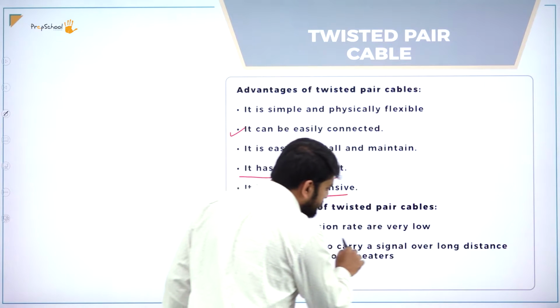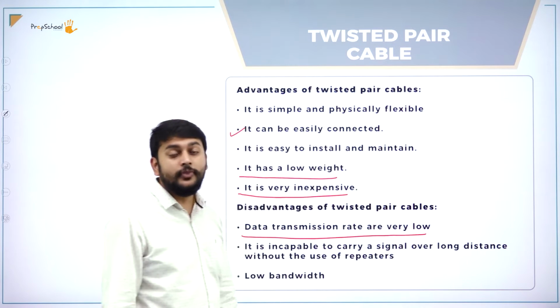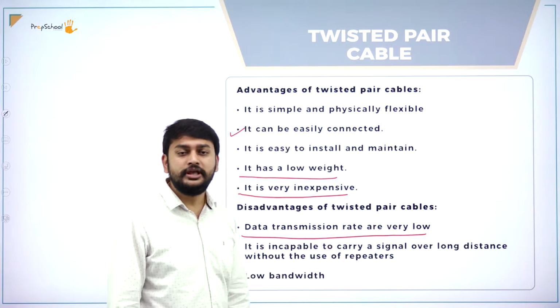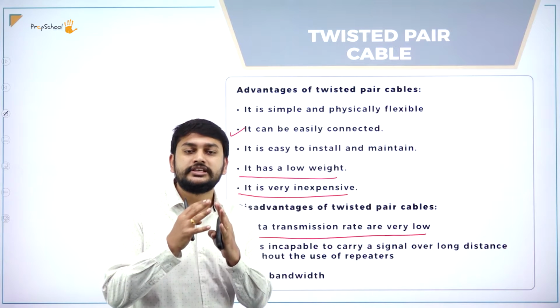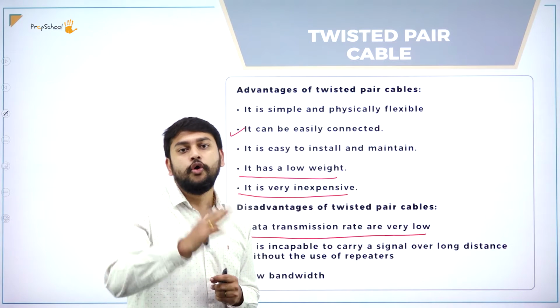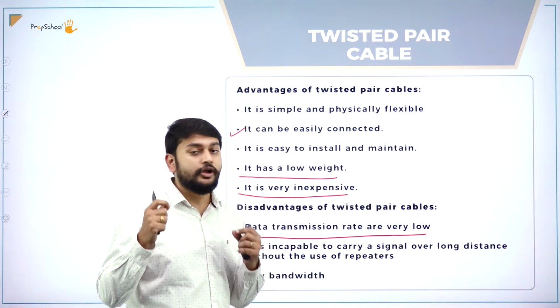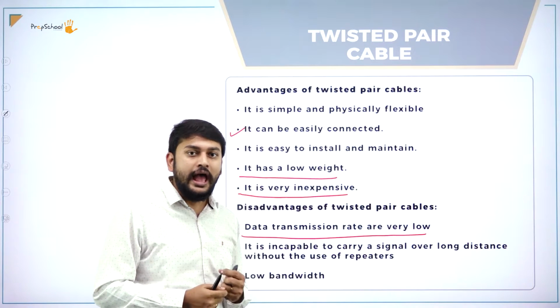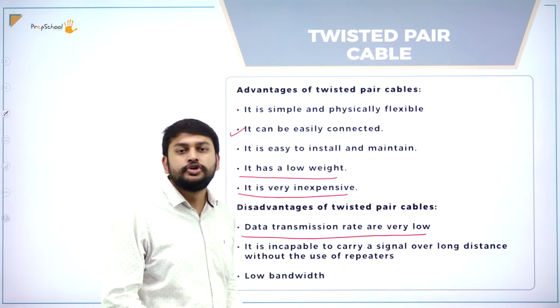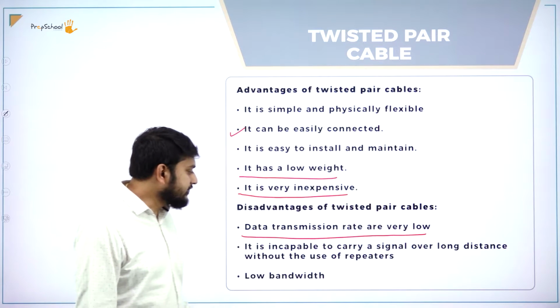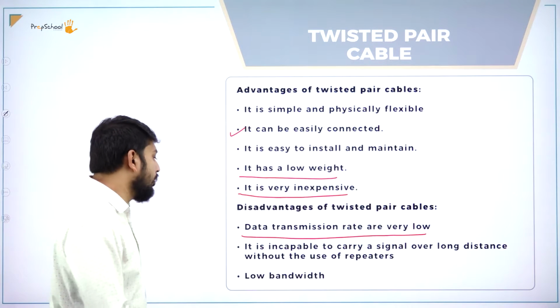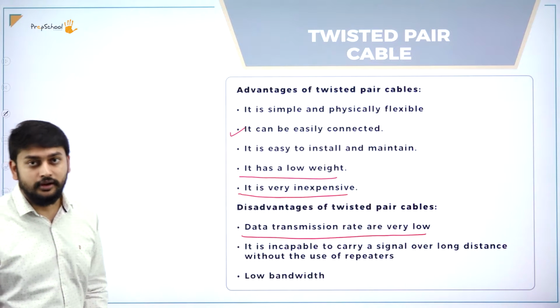Alright, I have disadvantages too for twisted pair. The data transmission rate is very low. When we compare to all other cabling, the data we are trying to transmit is comparatively low. So make a note of that. If you want higher data transmission, this is not your cup of tea. It is incapable of carrying a signal over a longer distance without a repeater.